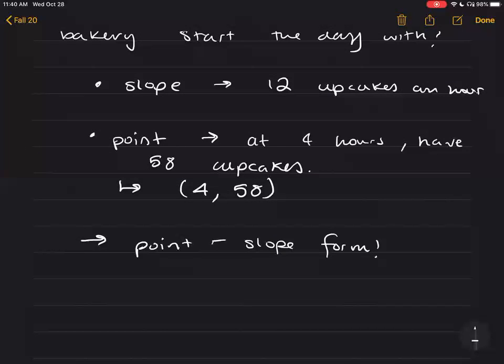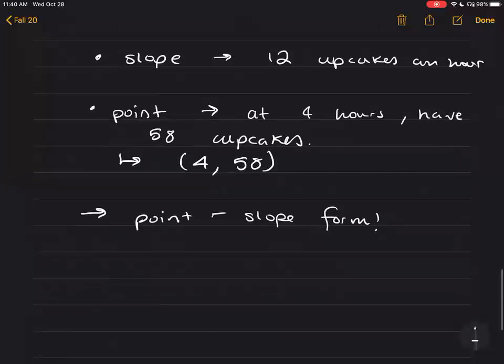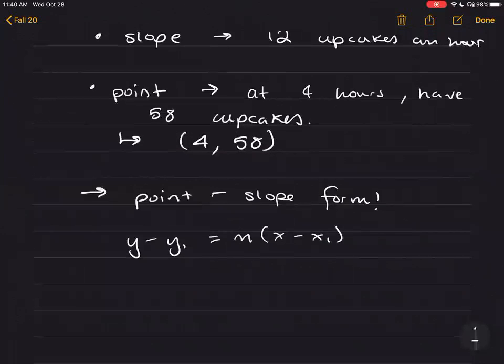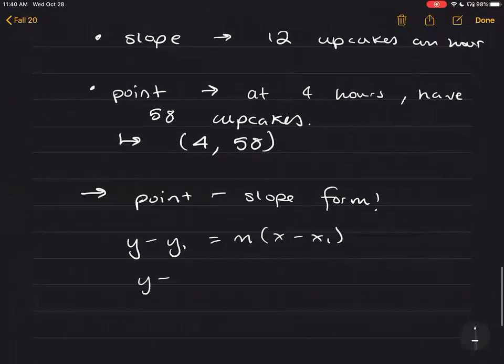Very, very useful. So if you remember from earlier lectures, that's y minus y1 equals m, the slope, times x minus x1. And so if we plug in our things, we've got y minus y1 is 58 equals 12 cupcakes an hour from our slope, our rate, and x minus x1 is 4.